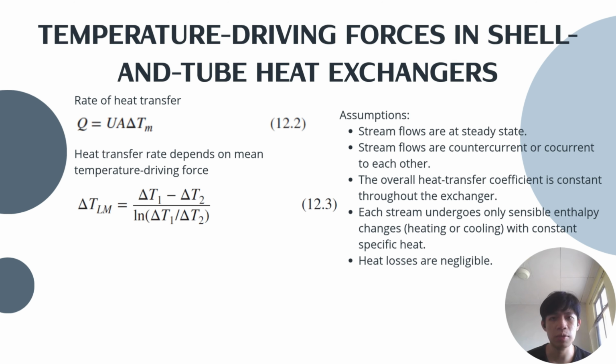And the mean temperature driving force is based on the assumptions that the stream flows are at steady state, the stream flows are countercurrent or co-current to each other, the overall heat transfer coefficient is constant throughout the exchanger, and each stream undergoes only sensible enthalpy changes, heating or cooling with constant specific heat. And finally, the heat losses are negligible.